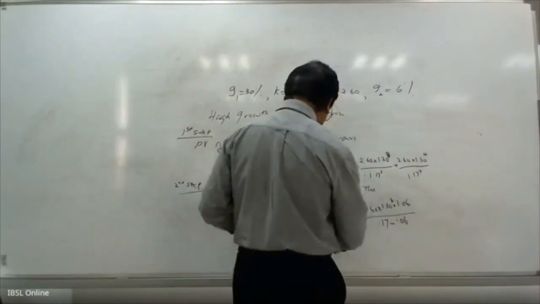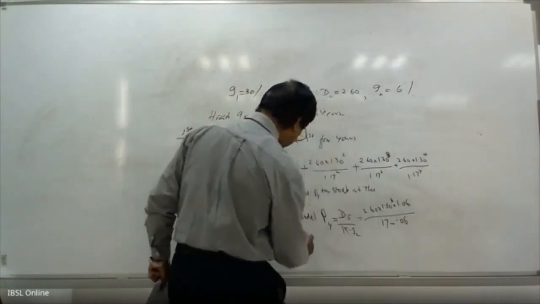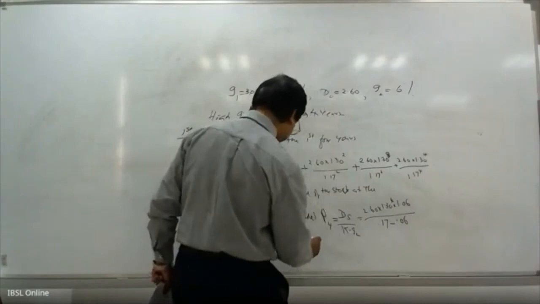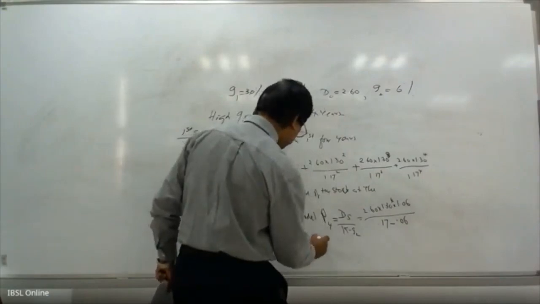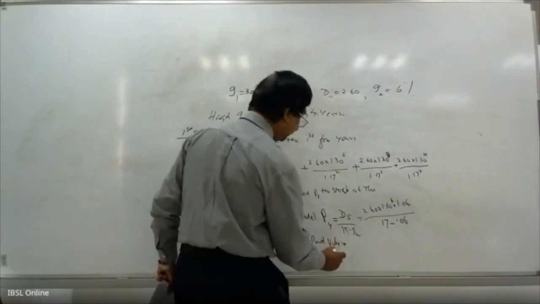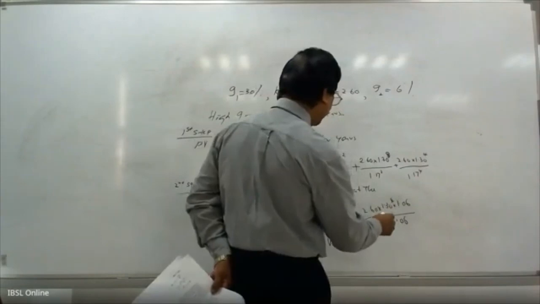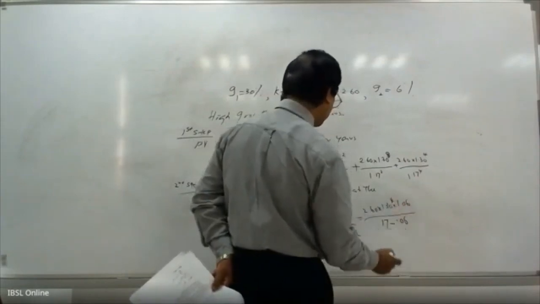This is the price, but for the present value, it has to be divided by 1.17 to the power 4.